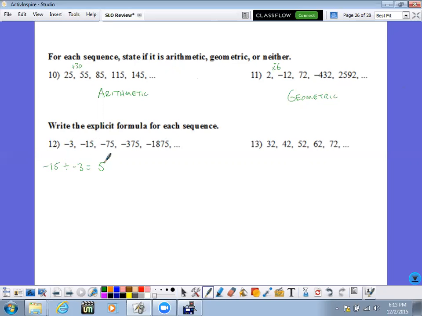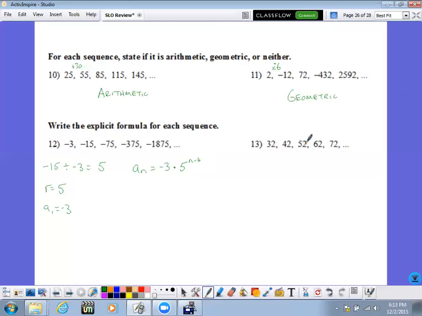So then I know that my ratio is +5. I know my first term is -3. We're looking for an explicit formula, just like we did on the other one. My explicit formula is going to be equal to my first term, -3, times my ratio raised to the n minus 1 power for geometric.